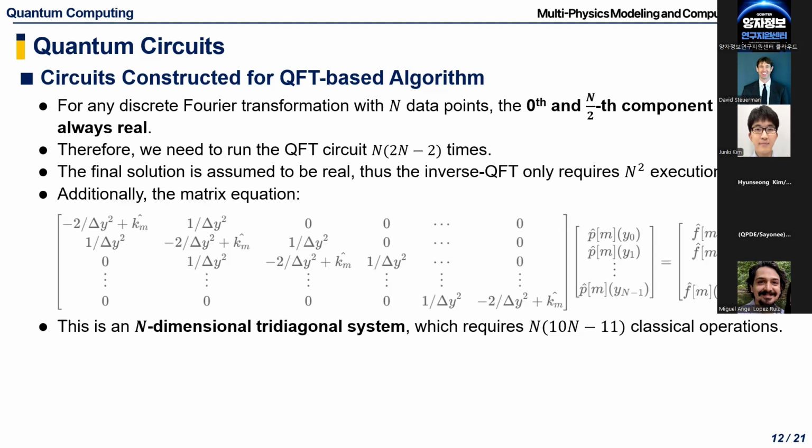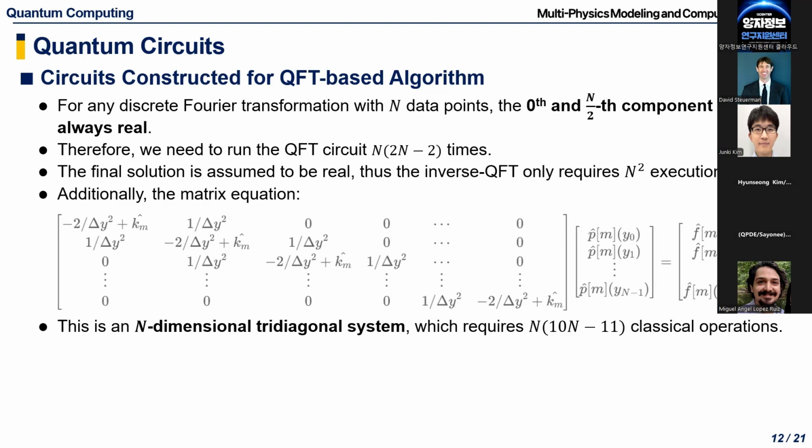And the reason why we subtracted 2 is because the 0 and n over 2 components do not need the imaginary component measurements. And since the solution vector is also assumed to be real, for the last inverse Fourier transformation, we only need to measure the real components. Therefore, this process additionally requires n squared executions.